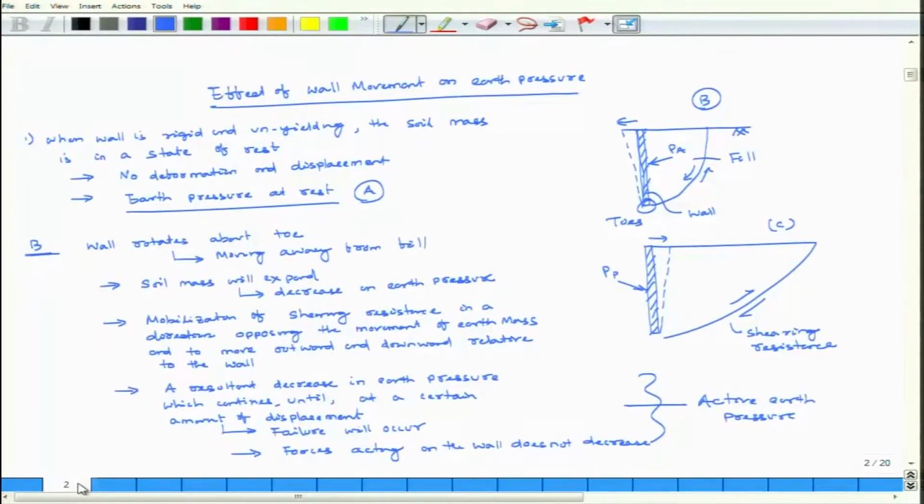If I put it in 3 parts, one is earth pressure at rest. In earth pressure at rest, there is no deformation and displacement.